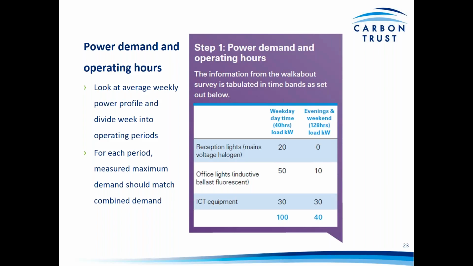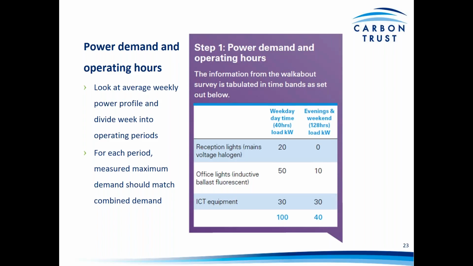So we have mains voltage halogen lighting in the sales and communal areas with a weekday load of 20 kilowatts and zero load in the evenings and weekends. We also have older fluorescent tube lighting in the offices with a weekday load of 50 kilowatts and an evening and weekend load of 10 kilowatts.